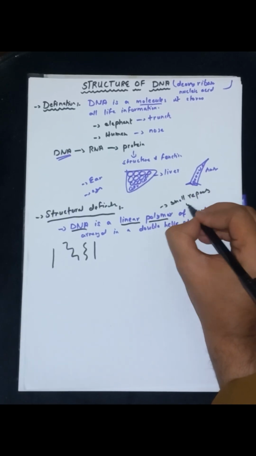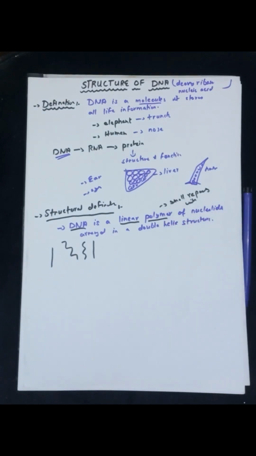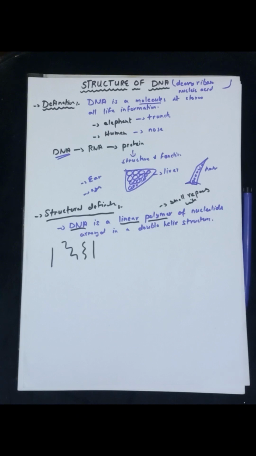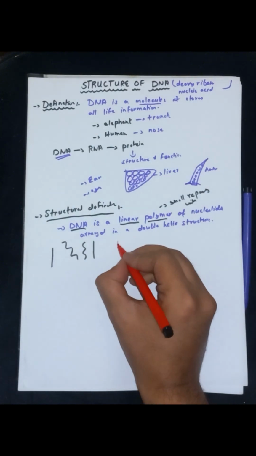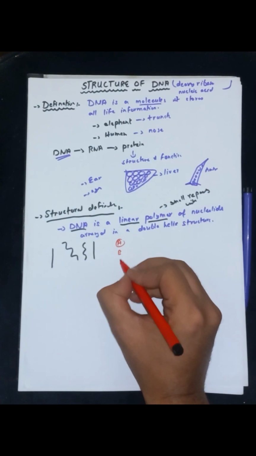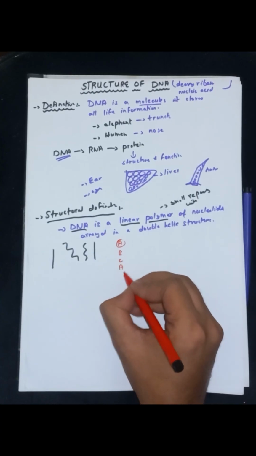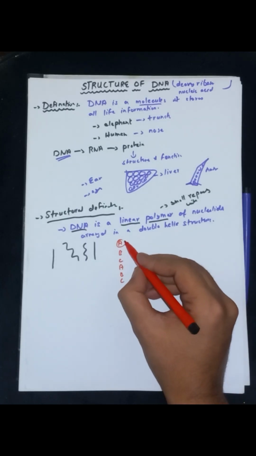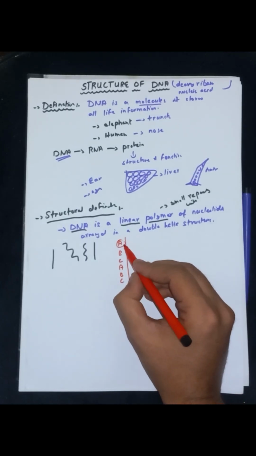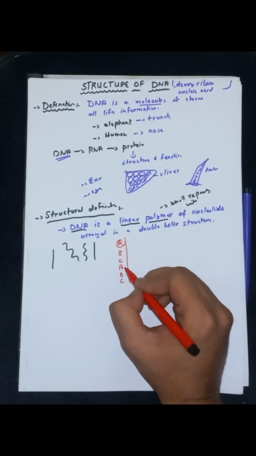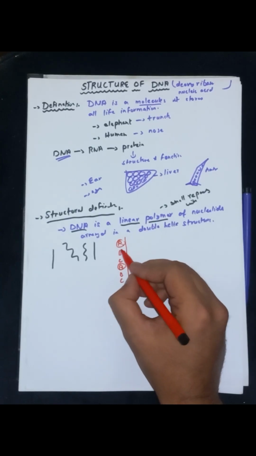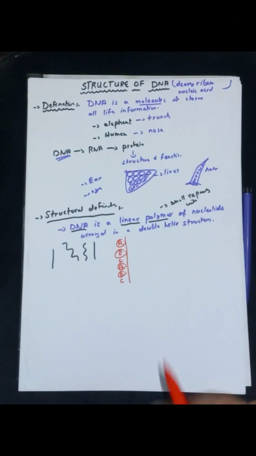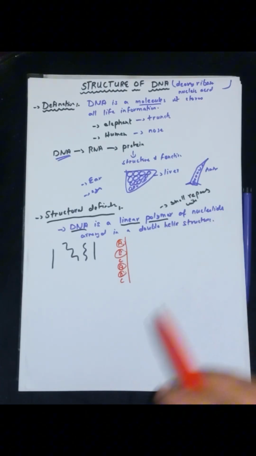What do these small repeating units mean? For example, here is A, B, C, then again A, B, C. Now this is one line, linear, but what is happening here? A is here, but there is again another A, there is B, there's another B. So this is a polymer, repeating units coming again and again.